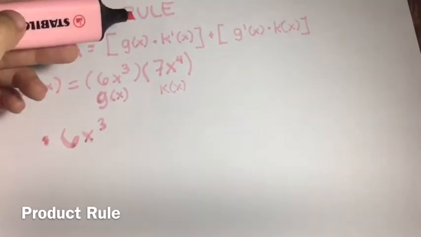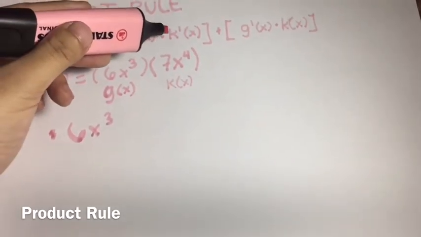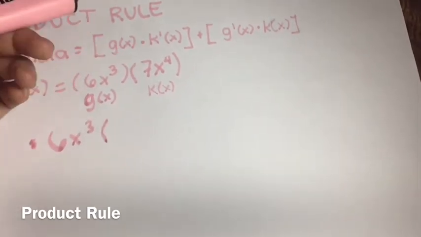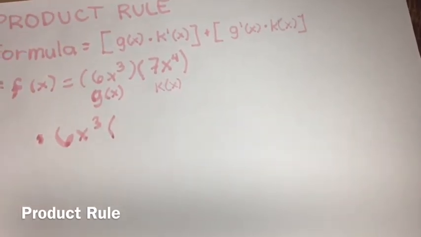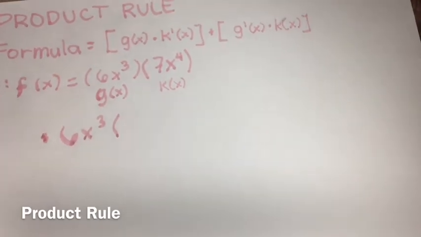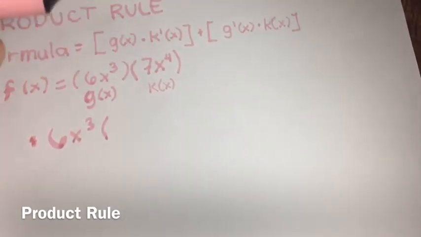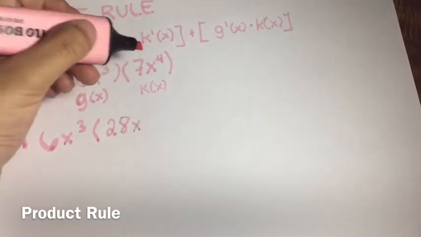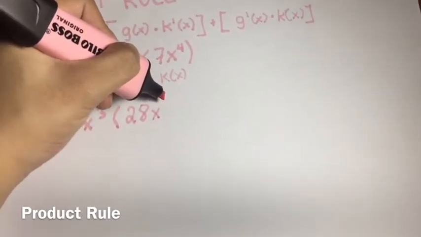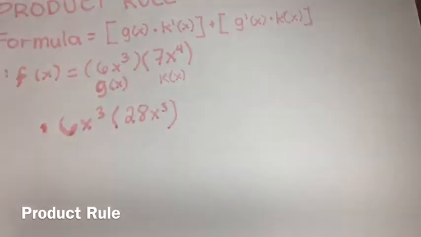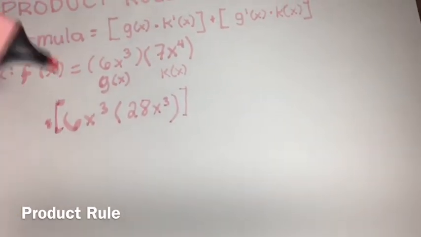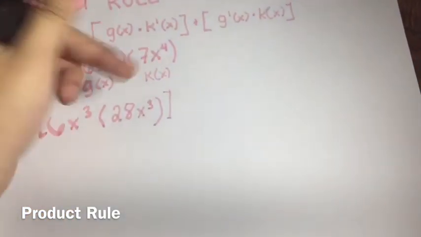and then you're going to multiply it with the k prime. So times, following the past two rules, you would multiply 4 by 7, so it would be 28x. Minus 1 of the exponent would be 28x cubed. And then we're going to do the same on the other side.